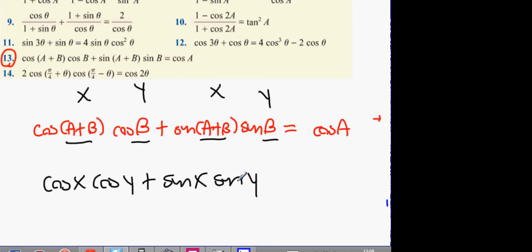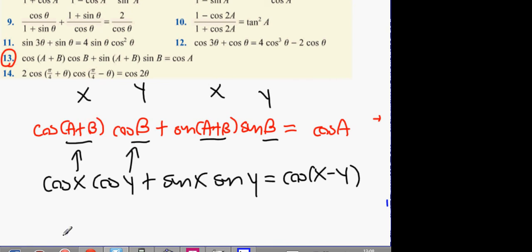Cos A minus B. What is it? It is cos A minus B, so it's going to be cos X minus Y. That's what it is. And in this equation, X equals A plus B and Y equals B.